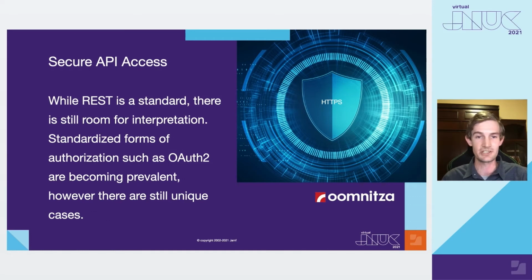You may need to include additional headers, you may need to format the body in a particular way, and even with these REST APIs available, there's still that nuance that needs to take place to properly and securely establish those integrations and API access. Umnitsa offers a software catalog on top of this, where we've already taken care of the hard work of identifying those nuances. So you can simply drop in a REST API integration and take full advantage.